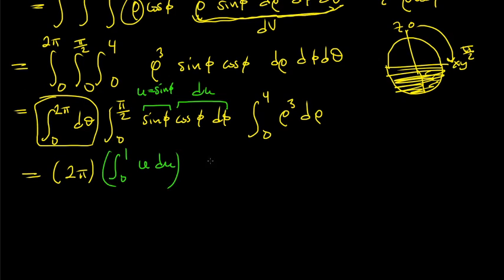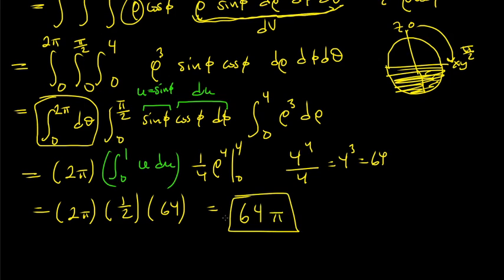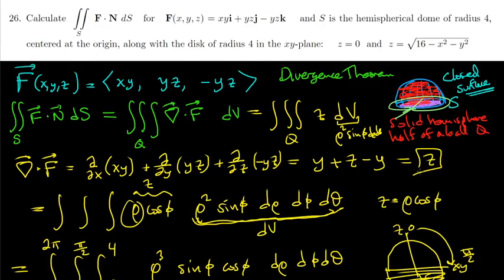And then the integral of rho cubed is 1/4 rho to the 4th, between 0 and 4, so that's 4 to the 4 divided by 4, or 4 cubed, which is 64. So we get 2 pi times 1/2 times 64, so 64 pi. I think that looks good.